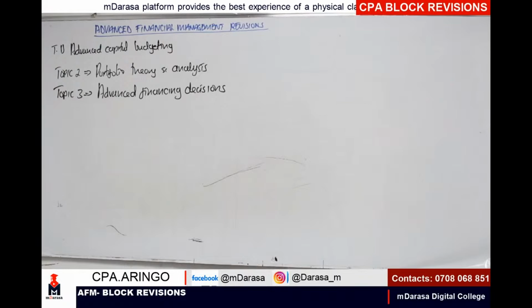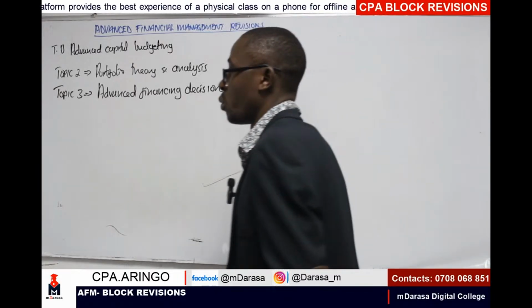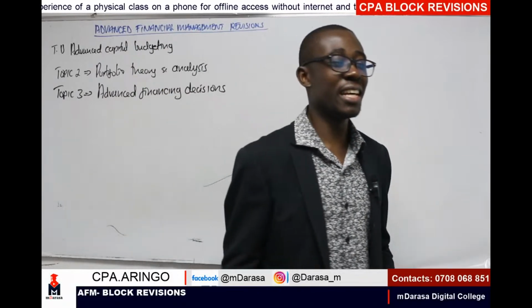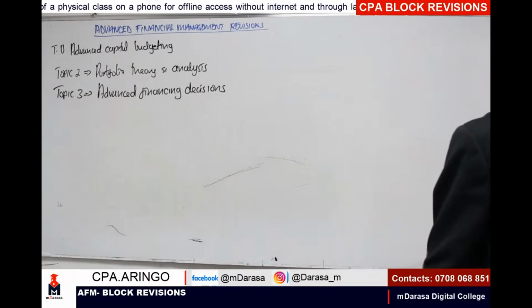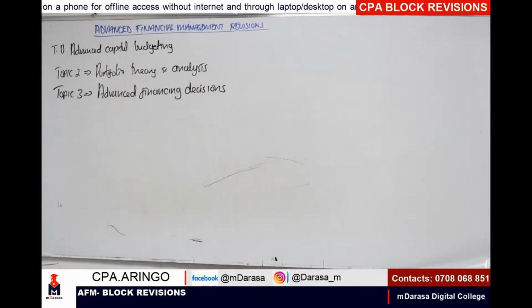At this point, my good students, this is where we normally talk about the analysis of breakpoints. These are where we normally talk of aspects to do with Modigliani and Miller, right? Remember Modigliani and Miller? Also, this is a point where we should be able to talk about other concepts in advanced financial management, like CAPM, WACC, and APV.